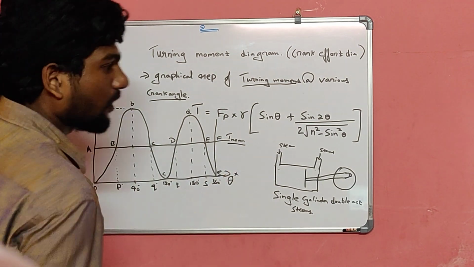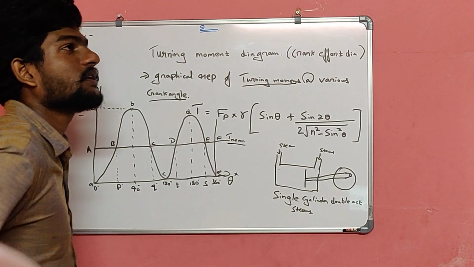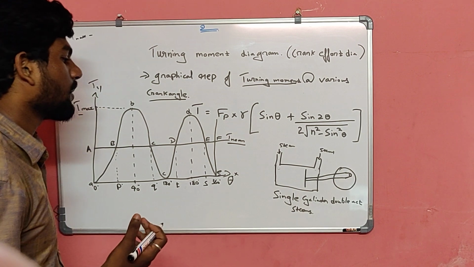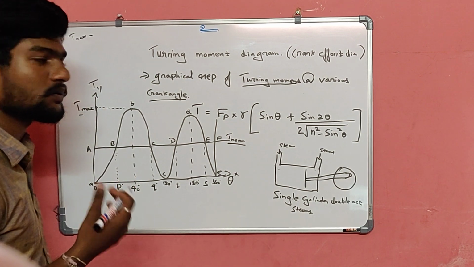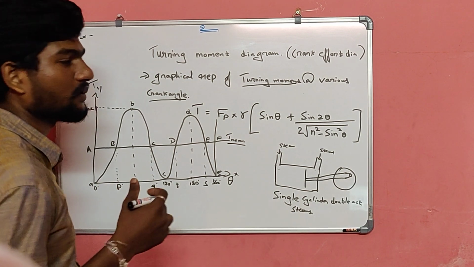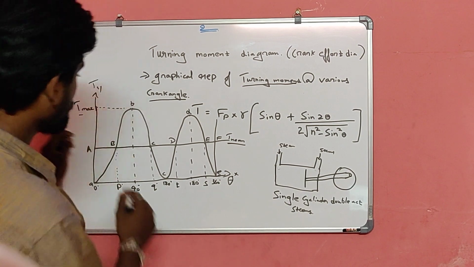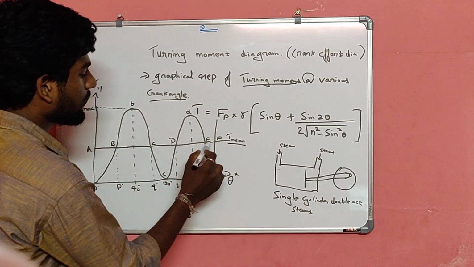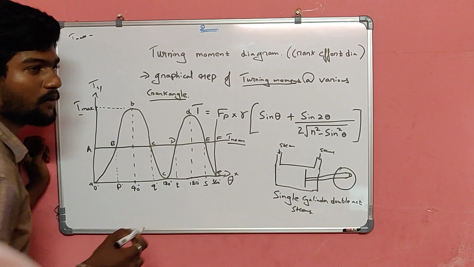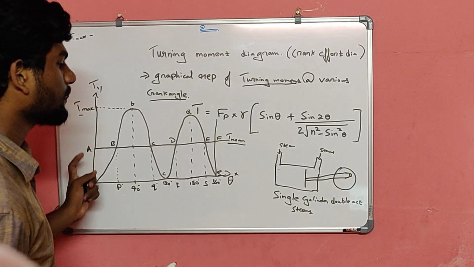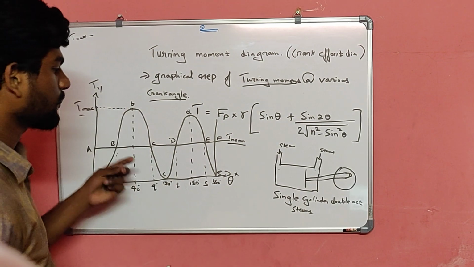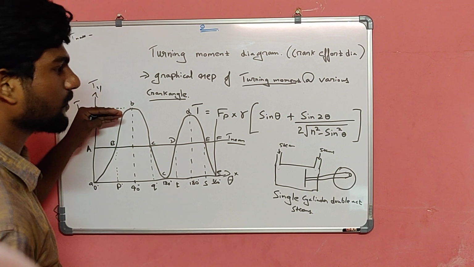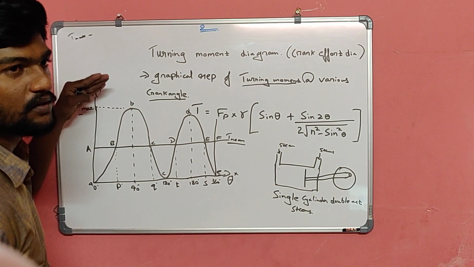torque. Mean torque basically means the minimum torque required to start rotating the flywheel. So up to here, we are getting only the work needed to start rotating the flywheel. After this, it is useful work, that is, acceleration work.